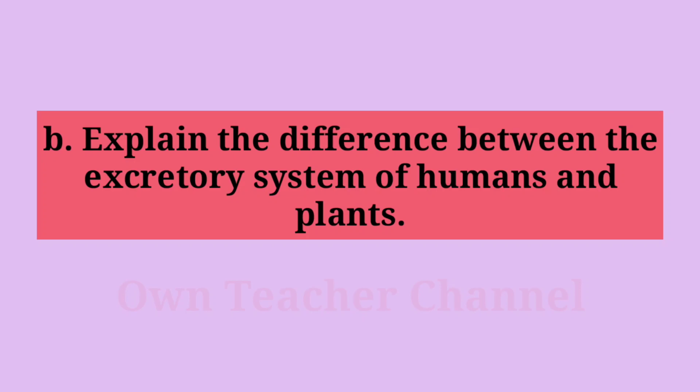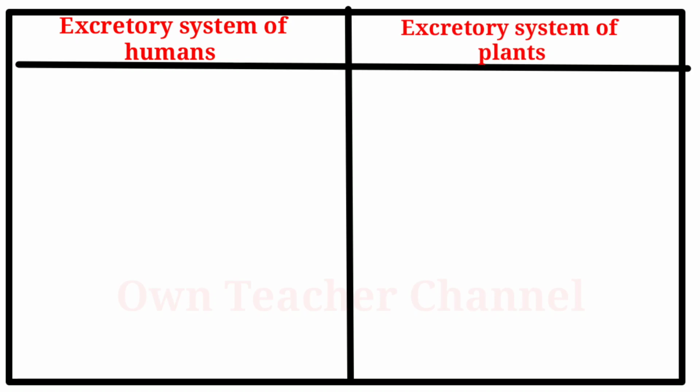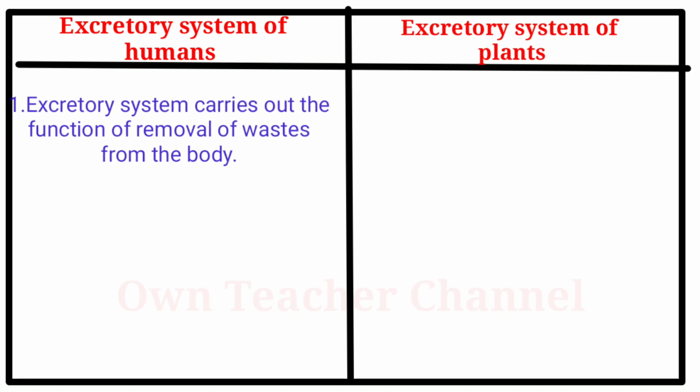B. Explain the difference between the excretory system of humans and plants. Excretory system of humans and excretory system of plants.